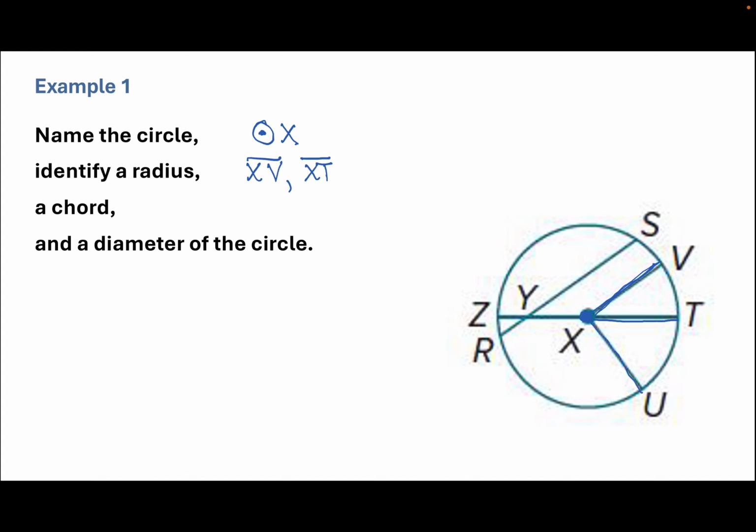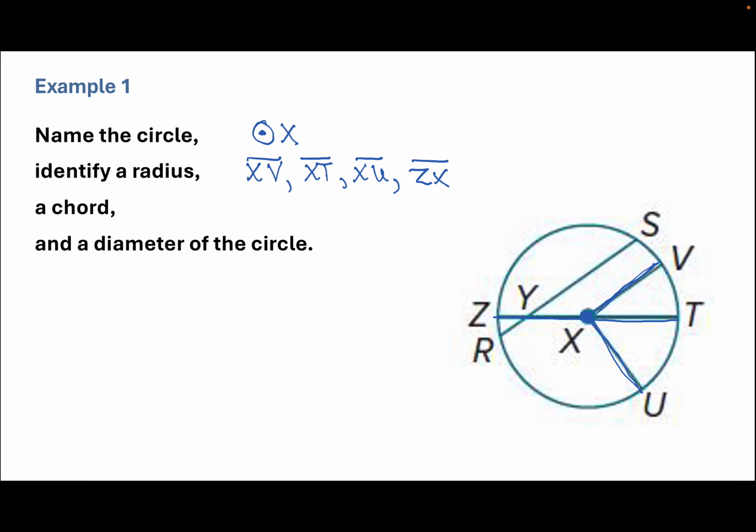X to U would be a third. Once again, use your segment symbols on top. And Z to X would be another. And of course, we can switch the order of the points.